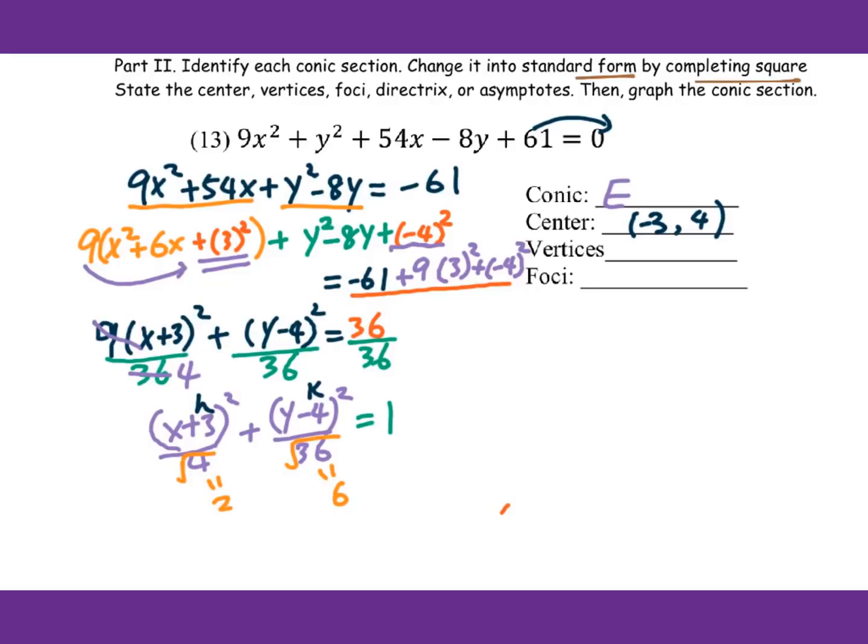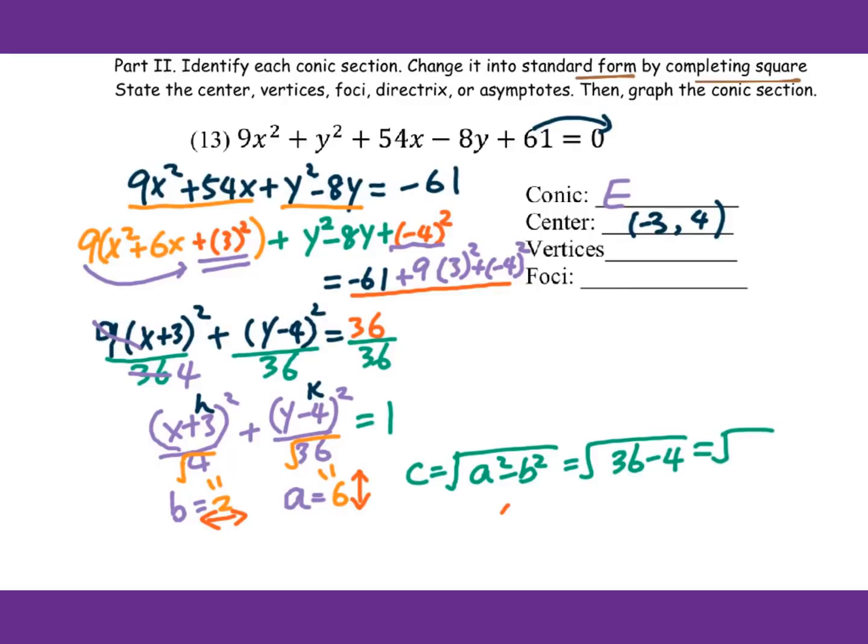For ellipse, we have the major axis, that's the longer side, that's A, and the shorter side, that's B. Then followed by arrow. This is vertical, here's horizontal. Therefore, we can get C equals square root of A squared minus B squared. That is square root of 36 minus 4 equals square root of 32.